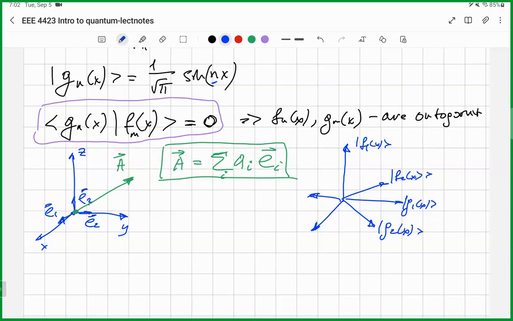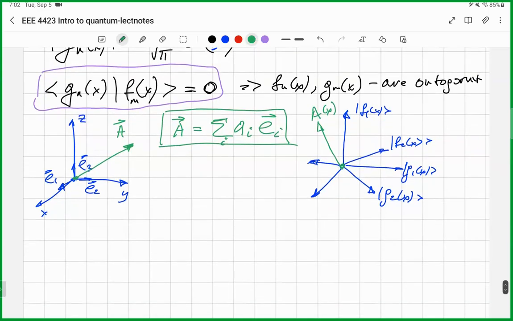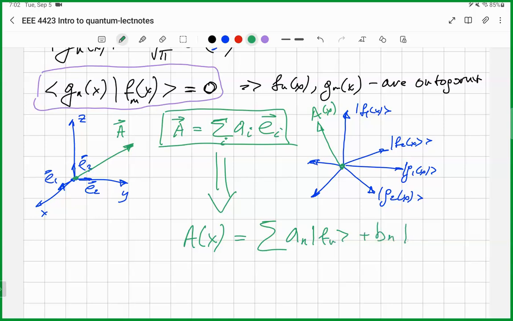Okay, and then any other function of the same argument, a(x), can be represented in a similar way. It could be something like a(x) equals the summation of some constants a_n times function f_n plus some b_n times function g_n, something like this, right?